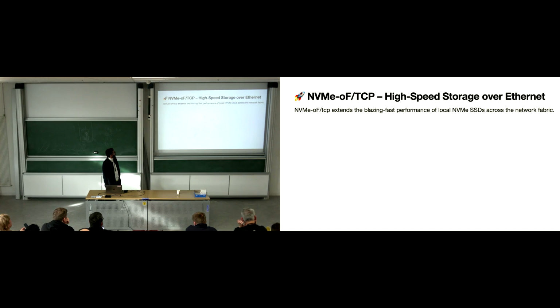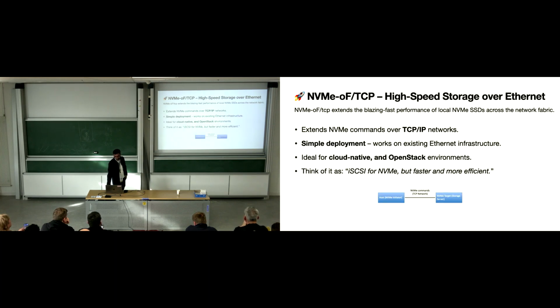Then NVMe-oF over TCP. This is a protocol used with NVMe storage devices. It uses NVMe commands to send or store data in NVMe devices. But instead of sending that to a local device, we use the same protocol to store data over the network.